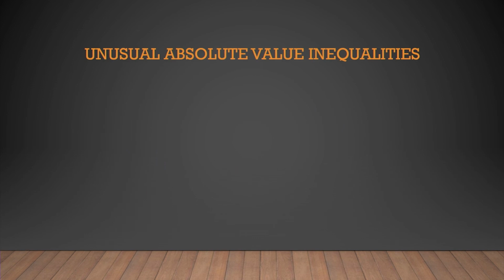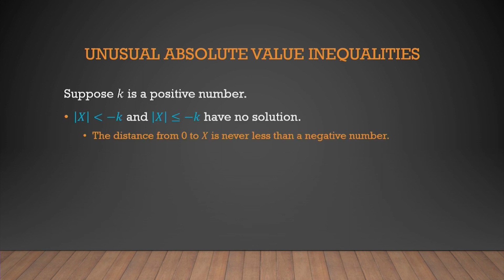Now let's talk for a moment about unusual absolute value inequalities. If k is a positive number, and I'm looking at the absolute value of x is less than negative k, or the absolute value of x is less than or equal to negative k, either one of those inequalities has no solution because the distance from 0 to x cannot be less than a negative number.